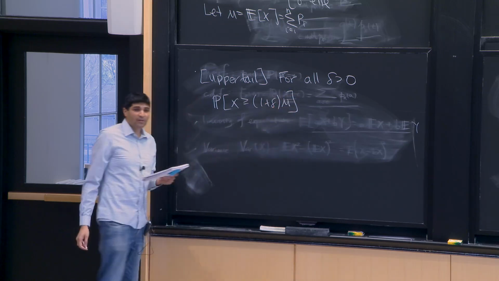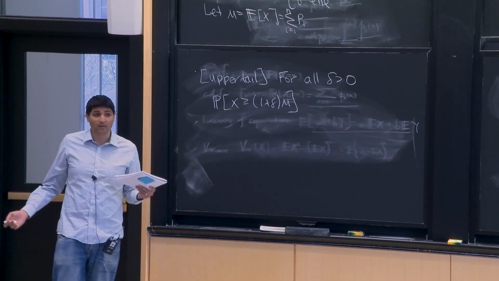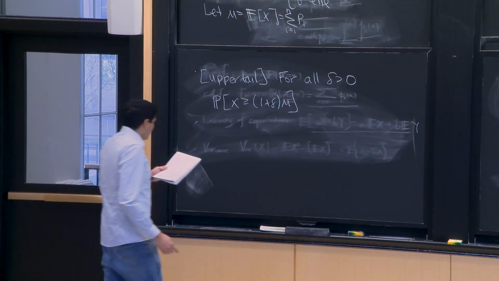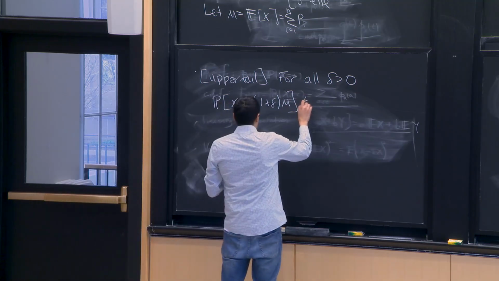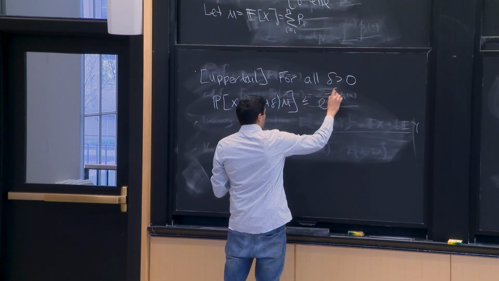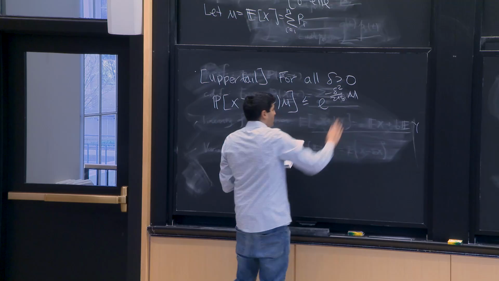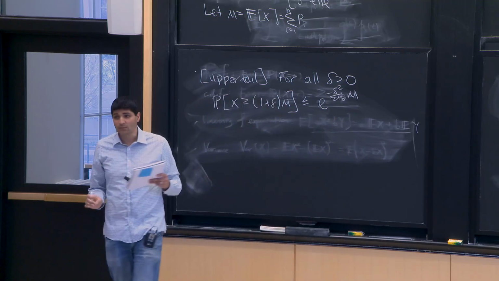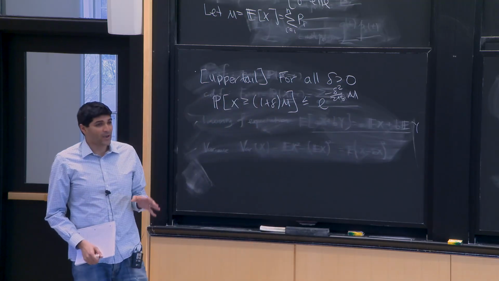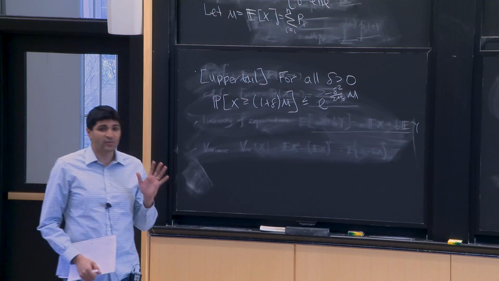So you should think about delta here as being something like 0.1, right? The chance that this happens is exponentially small, and it depends on this delta parameter, of course, but then it also depends on mu. So this is a complicated algebraic expression, but it's important to have some intuition for what's going on here.